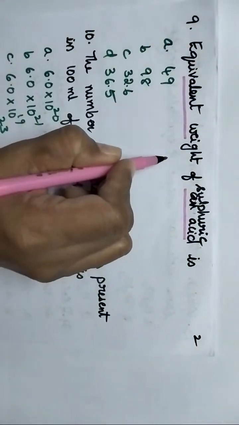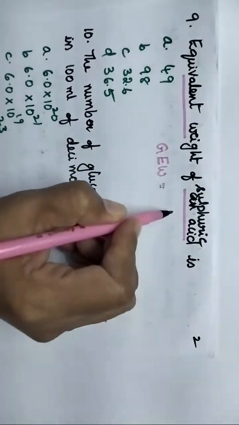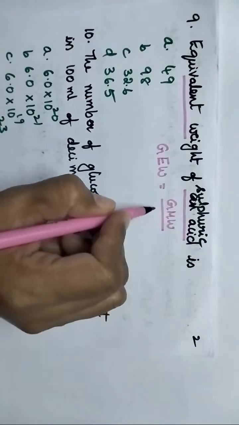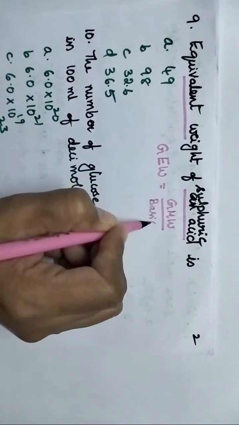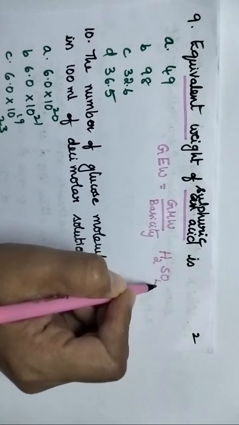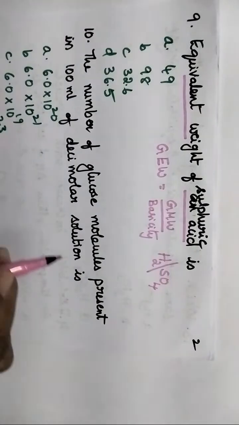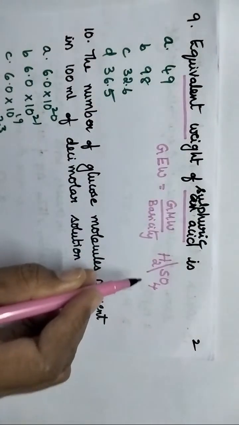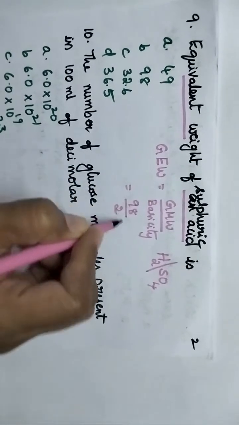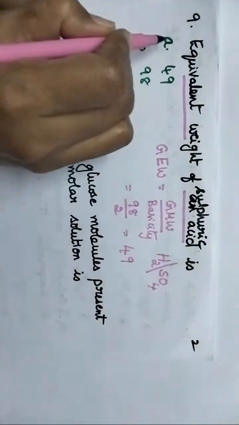So how to get the equivalent weight? Equivalent weight is equal to molecular weight by, here it is an acid, so we have to use basicity. So the number of replaceable hydrogen atoms. How many hydrogen atoms can be replaced? In the case of sulfuric acid, the formula is H2SO4 and its molecular weight is 98. Its basicity is 2, and hence the answer is 49.